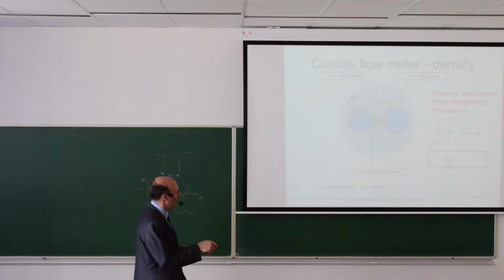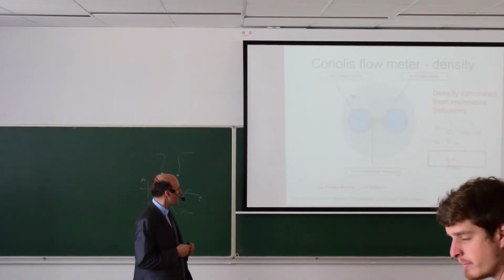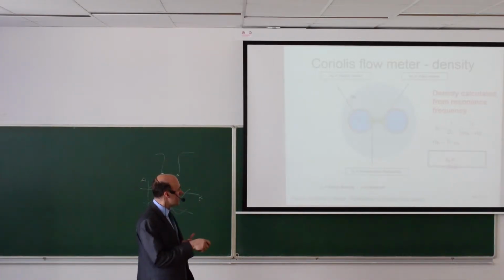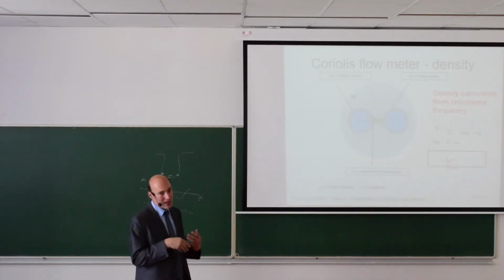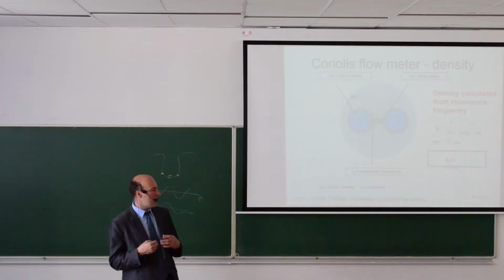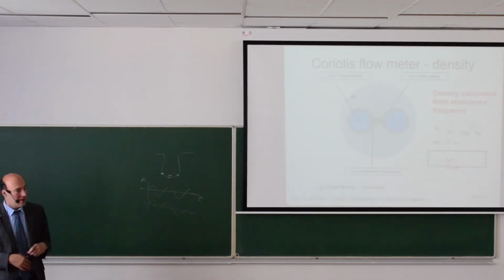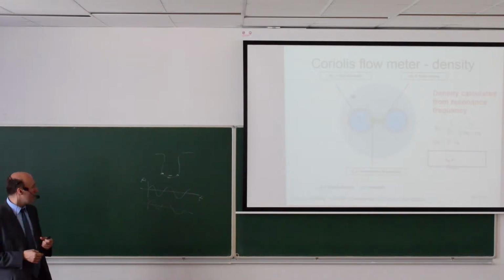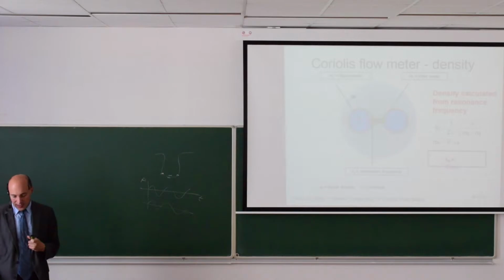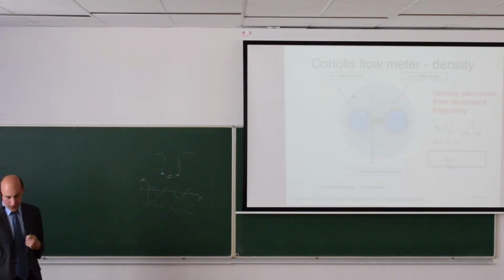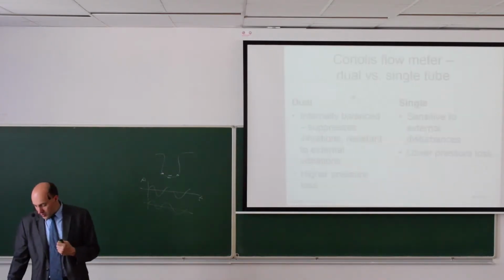So here you have a formula that allows you to calculate the weight, and here you see that this mass of the fluid depends on the volume and on the density, so it will change the resonance frequency. At the same time, while looking at the phase shift of the signal, we can independently get the information about the flow rate.